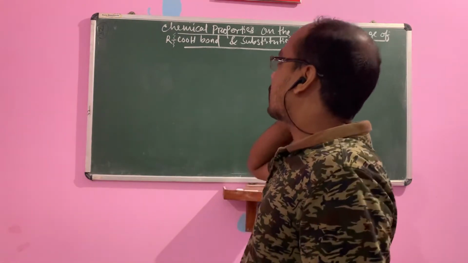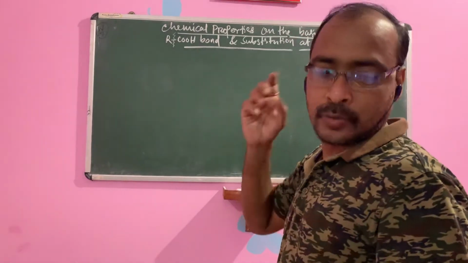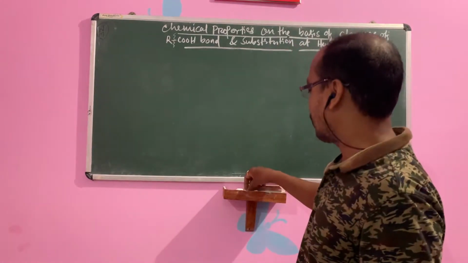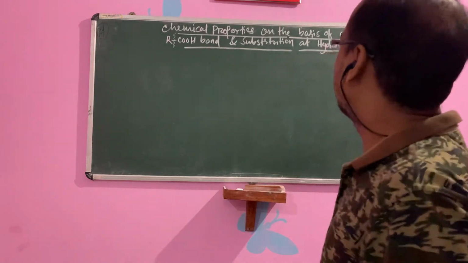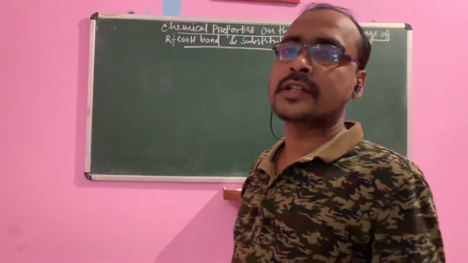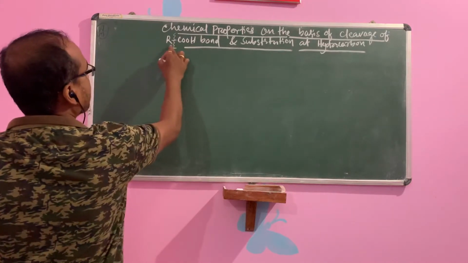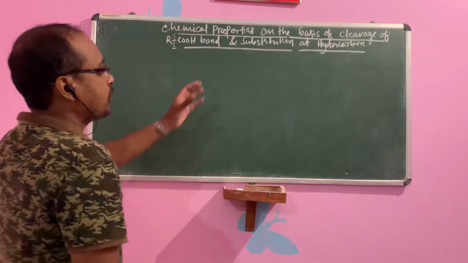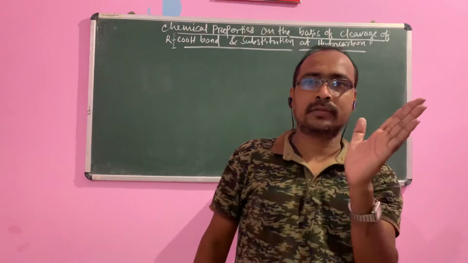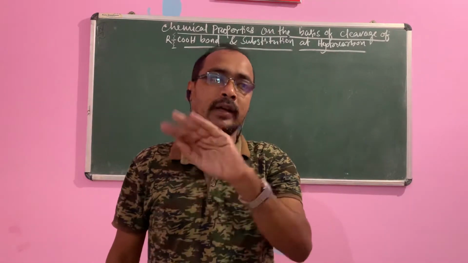Today we will discuss the rest of the chemical properties of carboxylic acid, on the basis of cleavage of the R-COOH bond. Here cleavage means breaking of the C-C bond, and some substitution reactions at the hydrocarbon part, not in the carboxylic part.